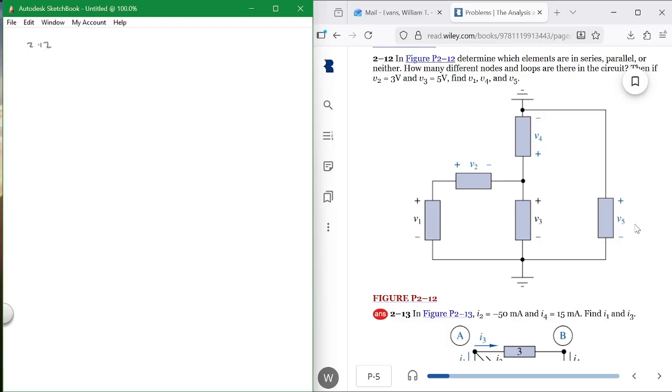Okay, so here is this circuit. Now, how many different nodes are there in this circuit? There's just one, right there it is. So you go from here to there to ground, you go from here to ground, and you go from here to ground. And that's it.